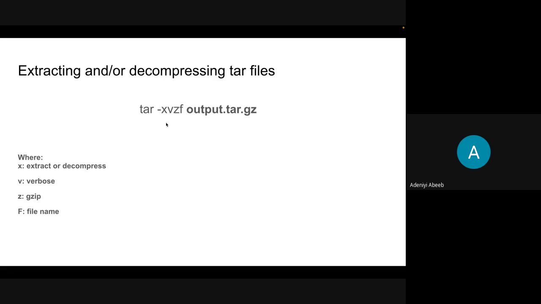So there are two things that will be done: it first decompresses and then unbundles, and then you have your original file. So this command you are seeing is doing two things: first it decompresses, and after that it unbundles. That is the order.